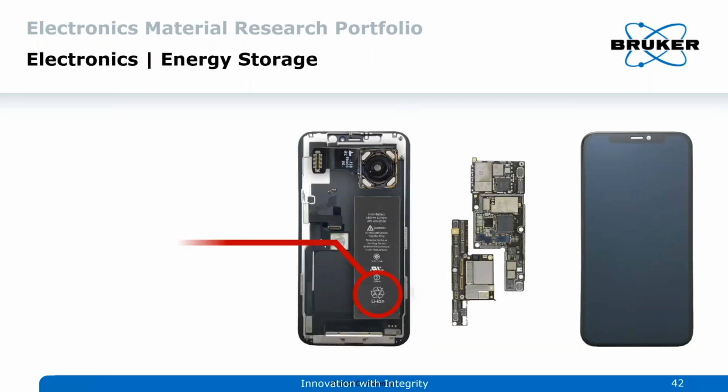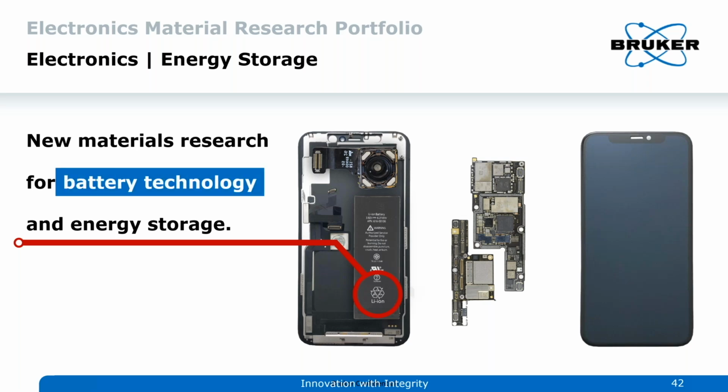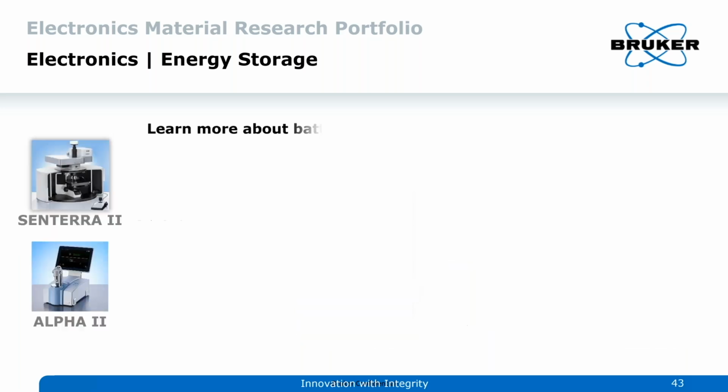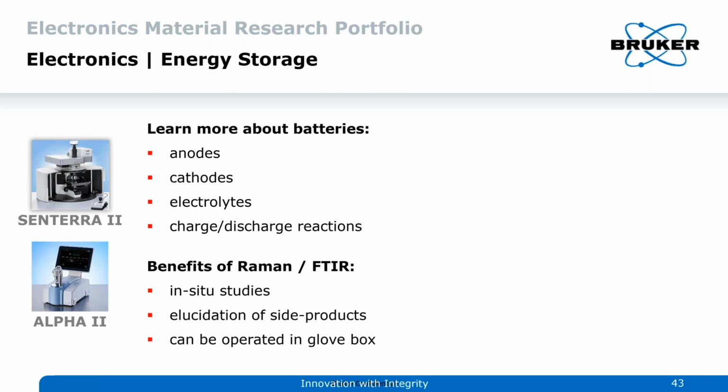The next part, we're going to look at the battery. Batteries can be analyzed very nicely. We want to look at the battery technology here. So now with these same tools, we're going to look at the anodes, the cathodes, the electrolytes, and the charge and storage reactions. So we can actually do the reaction dynamics as we talked about. And we can also do these analyses in a glove box or look at side products.